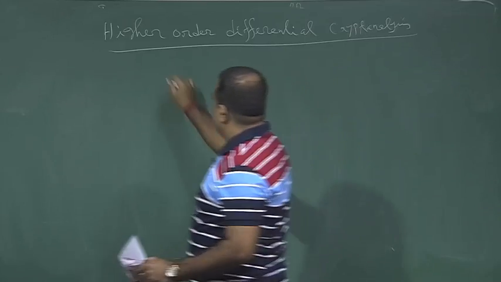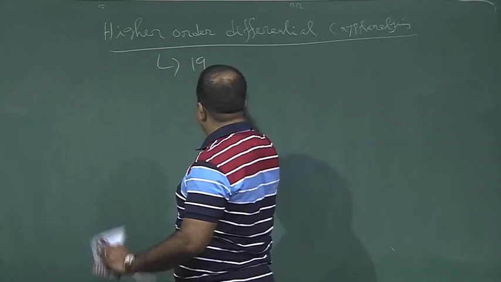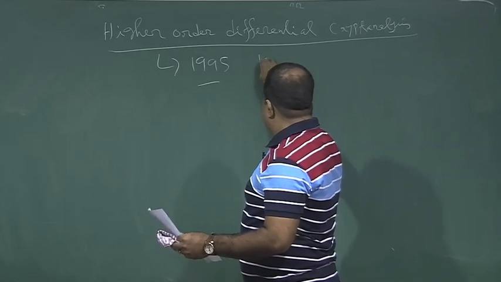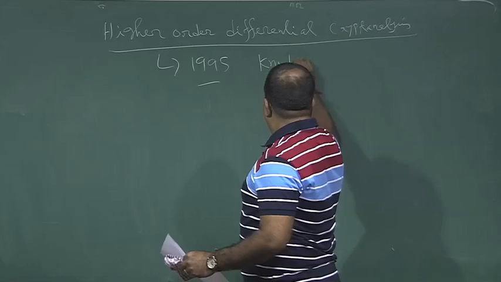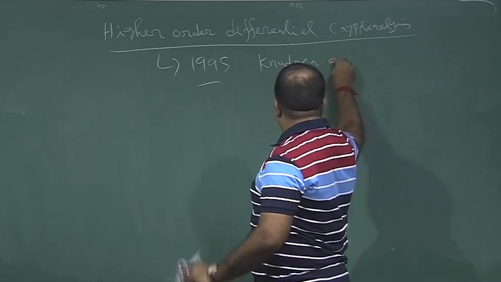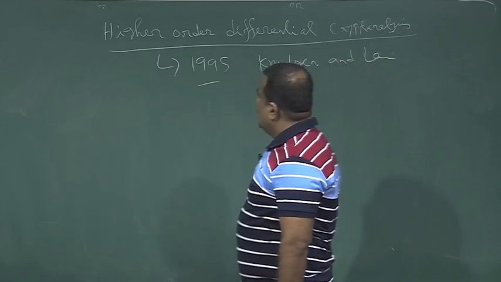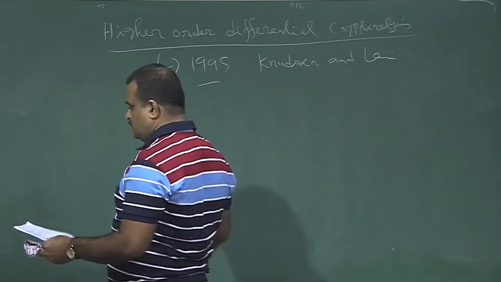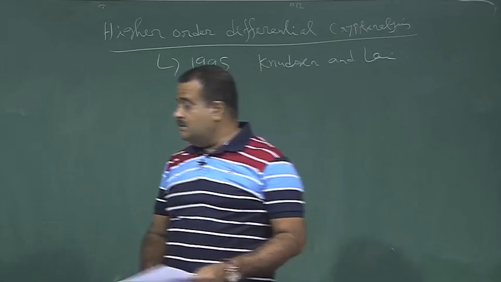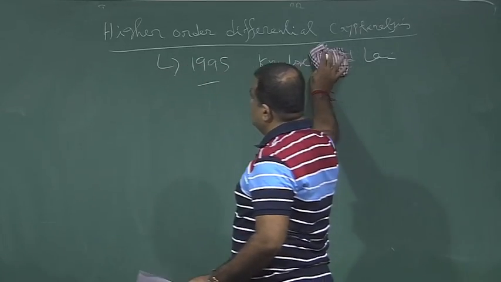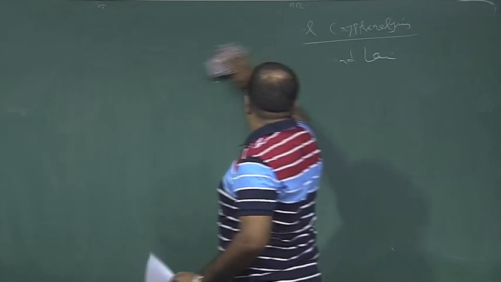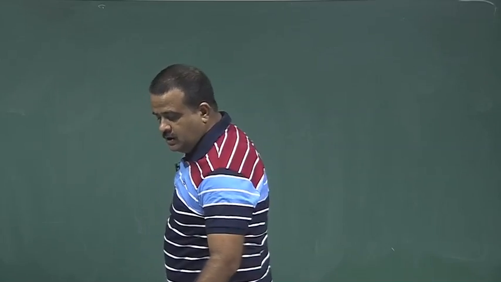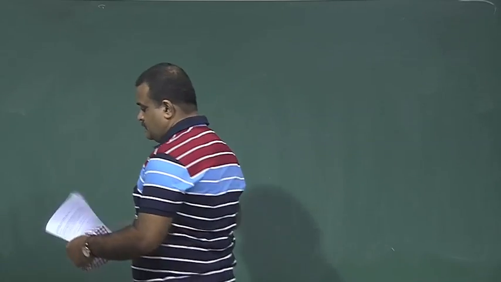Higher order differential cryptanalysis was introduced in 1995 by Lai. Truncated differential attack was introduced by Knudsen in 1995, and another version of this differential attack is the boomerang attack, which we will discuss here. So, we will talk about the boomerang attack.